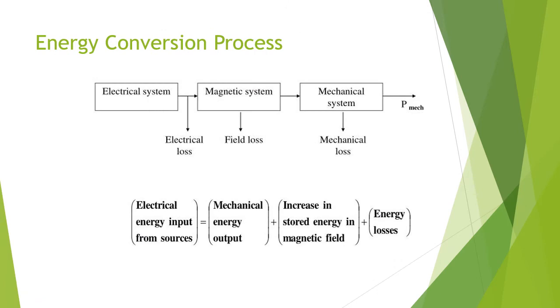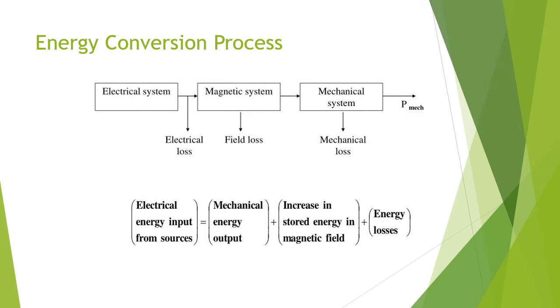In this system, the energy transfer equation is as follows: the electrical energy input from the source is equal to the mechanical energy output, plus the increase in the energy stored in the magnetic field, plus the energy losses.